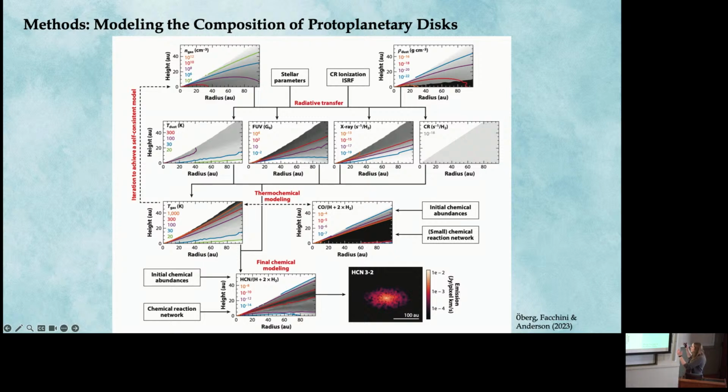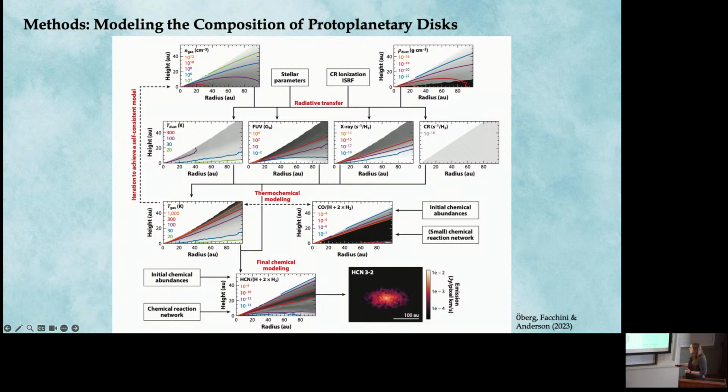This is a complicated diagram showing the different steps that go into our modeling process. We start with an assumed gas and dust structure and our stellar and interstellar environment parameters, followed by a radiative transfer step that then starts to produce our temperatures in the disk and irradiation fields, followed by chemical modeling that treats the gas temperature and the chemical composition in the disk, depending on some assumed initial chemical abundances and chemical reaction network.